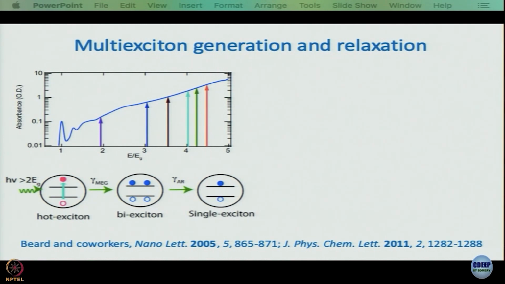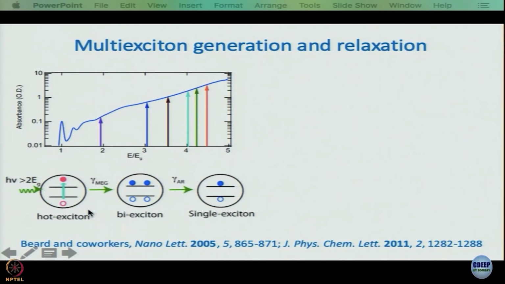So, in this phenomenal work by Beard and co-workers, what they have done is that they have tried to explain what happens when hot excitons are formed. In other words, they have studied hot exciton dynamics.